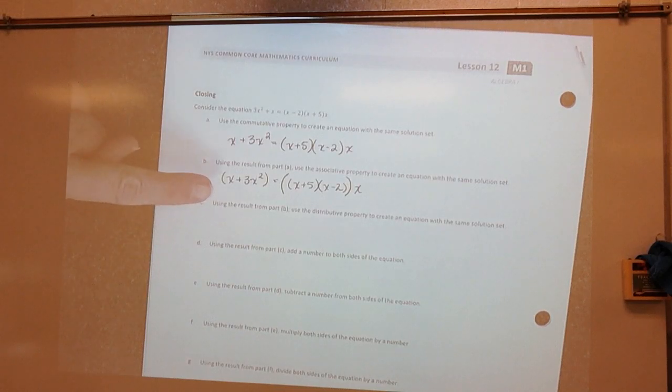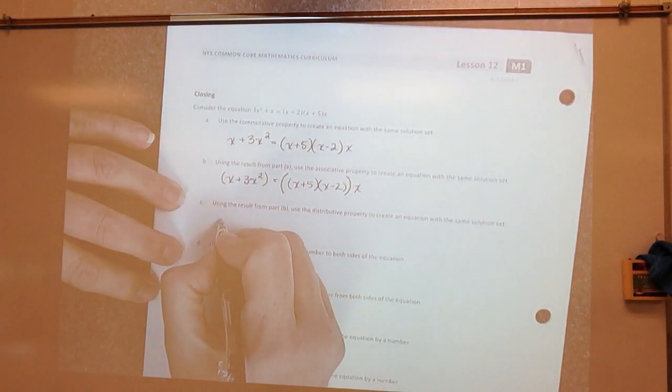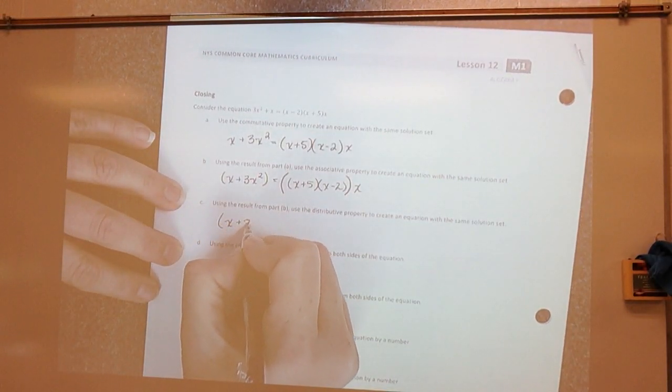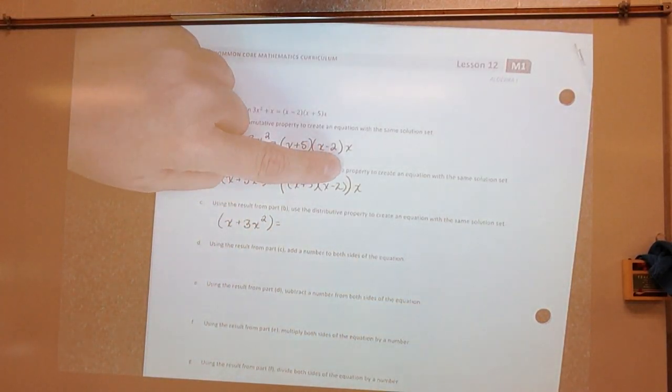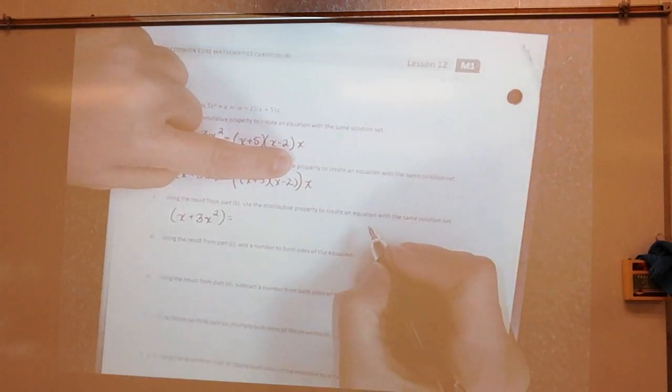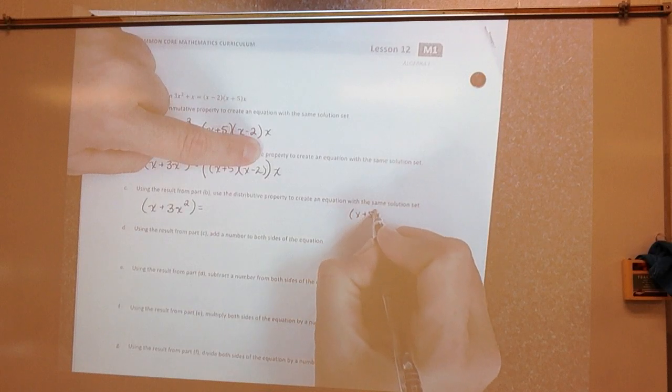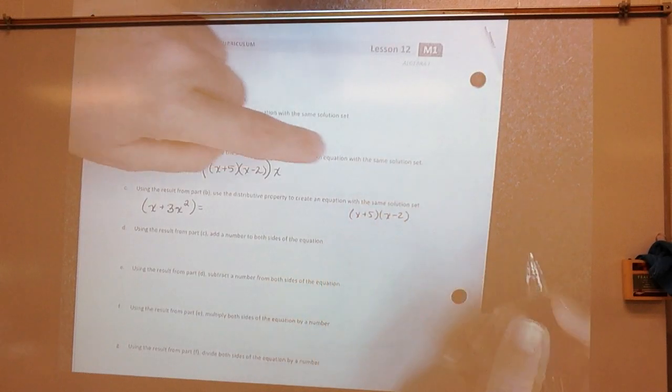Using the results from B, use the distributive property to create an equation with the same solution set. So, I need to use my distributive property. There's nothing I can do over here. So now I need to multiply this. I'm going to come over here and do x plus 5 times x minus 2.